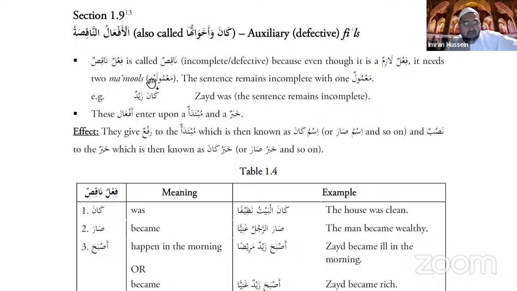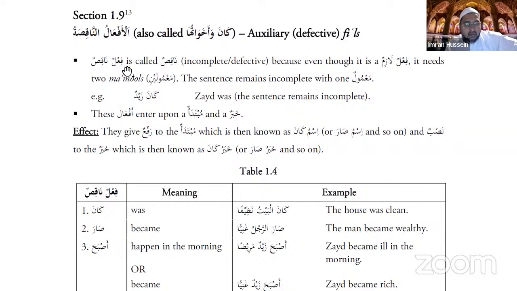Now kana itself is fi'l naqis. It's an incomplete verb. There are two reasons. I'm not going to do the reasons, but just remember, kana is actually a verb, but it's not acting like a fi'l lazim, it acts in a different manner. It acts on a mubtada and khabar.